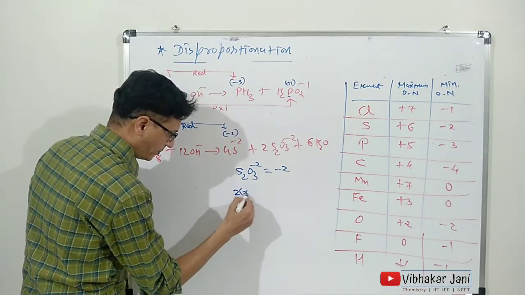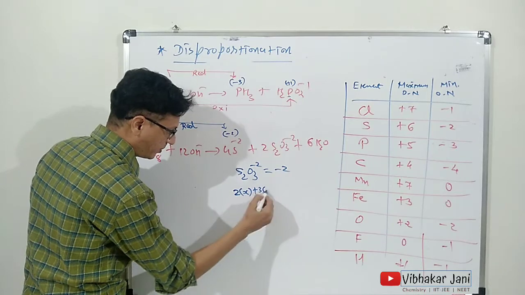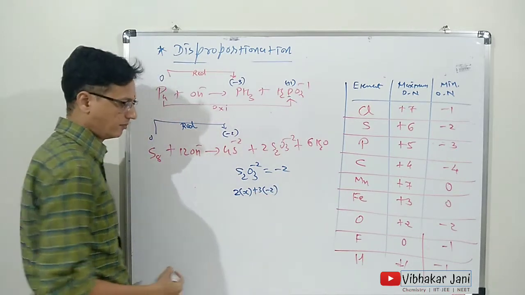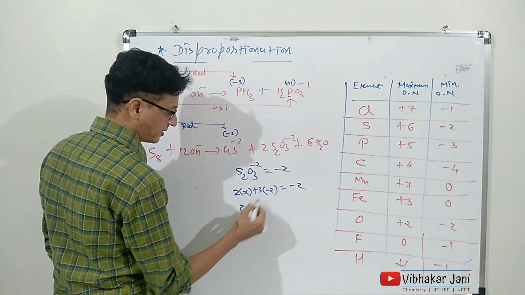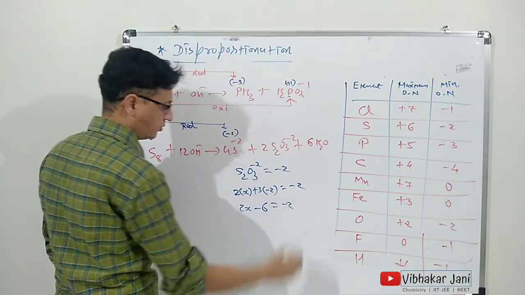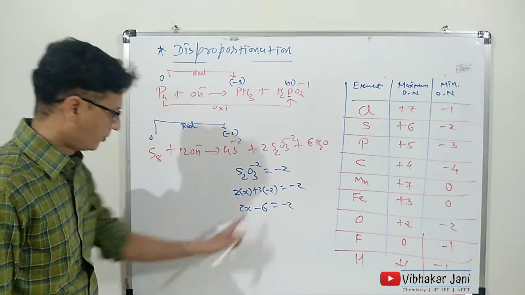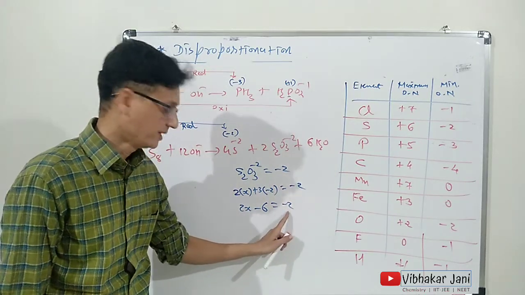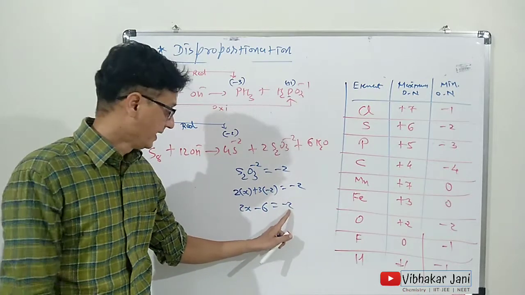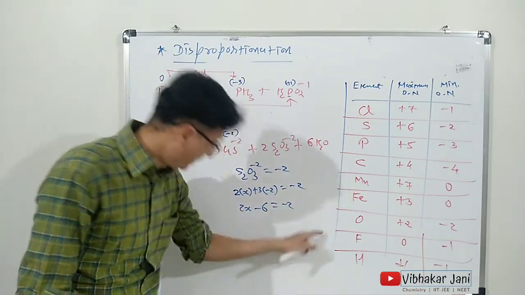Now 2 multiplied by X plus 3 multiplied by, for oxygen we will take minus 2, is equal to minus 2. So 2X minus 6 is equal to minus 2. So minus 6 becomes plus 6, plus 6 minus 2 will give us plus 4, and that plus 4 will be divided by 2.